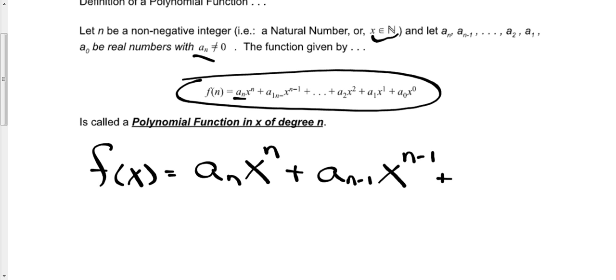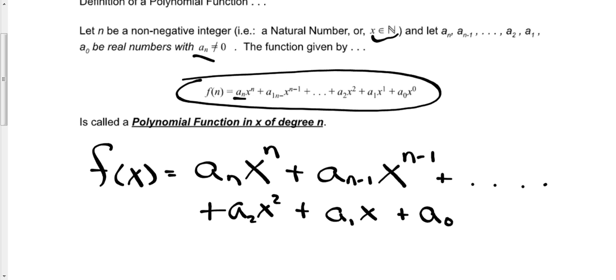And then I do plus dot dot dot, and then plus, I'm doing it on a second line, but it's a continuation of the same function: a sub 2 times x squared plus a sub 1 times x. I'm not writing it, but that's to the first power. And then plus a sub 0.